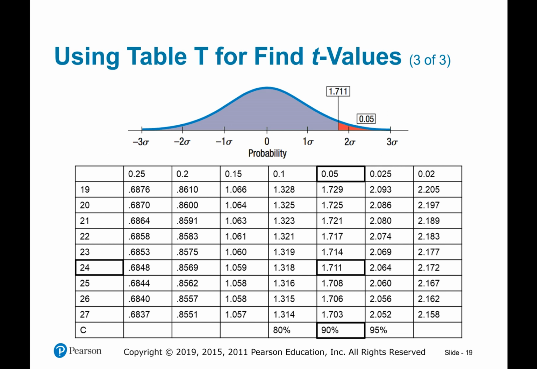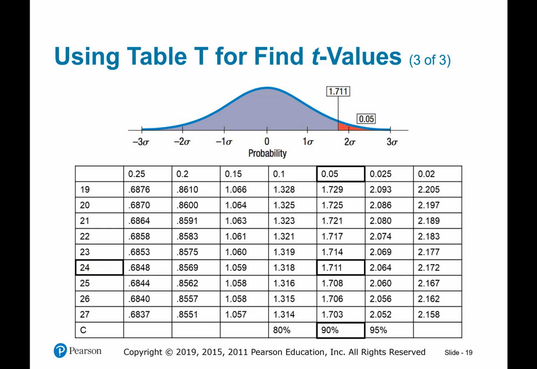Again, if we're looking for a 90% confidence interval and there were a sample size of 25, you see on the far left side over here, sample size 25 minus 1 will give you degrees of freedom of 24.